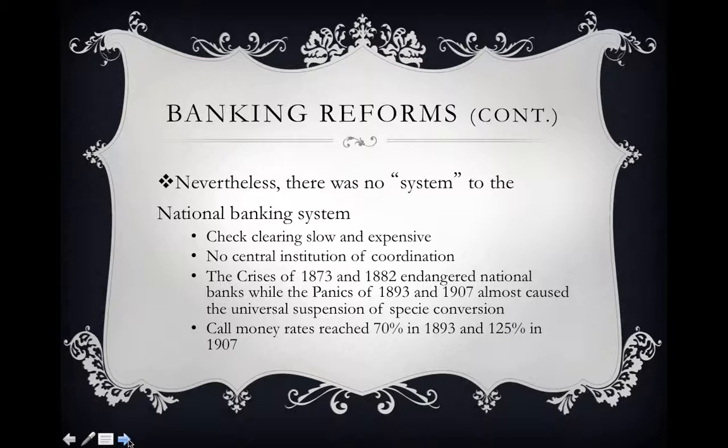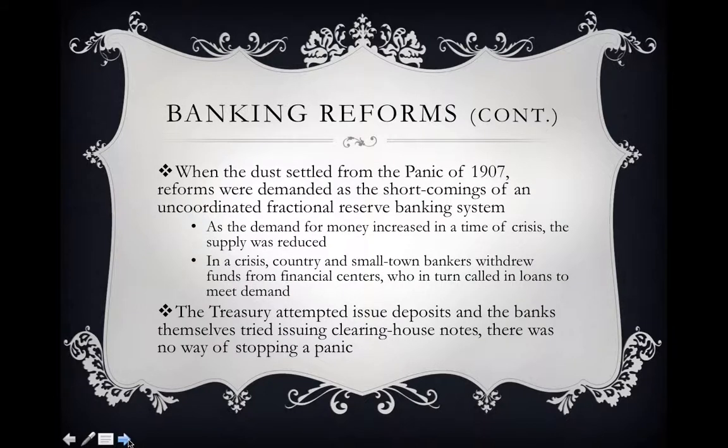So I want you to realize that even though the National Bank Act was put in place, one, it didn't eliminate the state banks in existence, and two, it did not eliminate financial panics. And these four financial panics that I talk about, 1873, 1882, 1893, and 1907, were an impetus for further reforms in the banking system. All right, so people realized that after 1907, with these panics periodically occurring, it seems like every 10 years, there was a drastic shortfall in how the banking system was regulated in the United States.